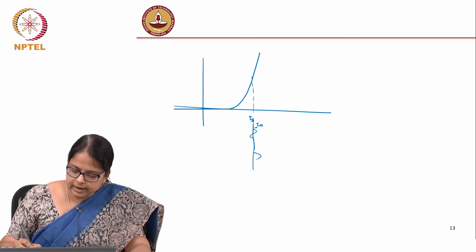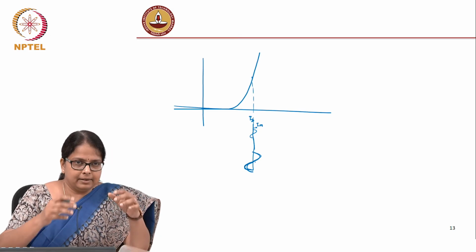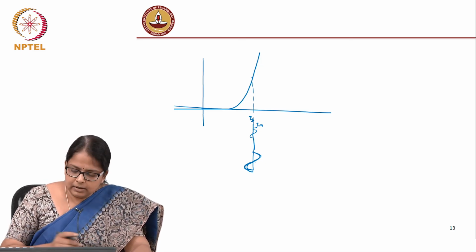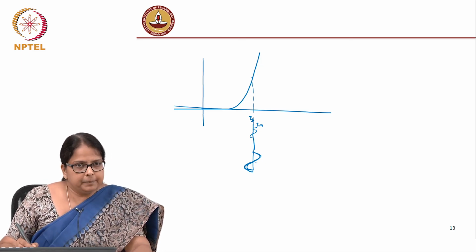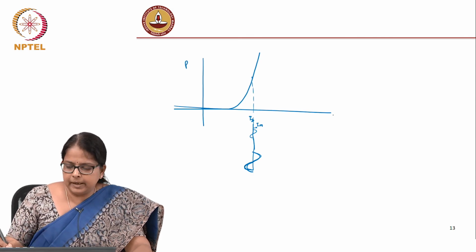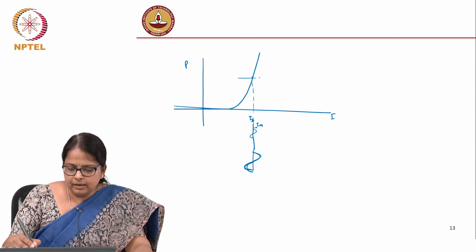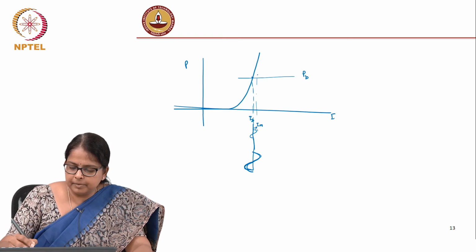Let me draw another case where the IM to IB ratio is large. Here I am modulating, the modulation depth is larger, right. Now, this is in the current domain. Now, when it goes into the optical domain, IB corresponds to a certain PB, IM would correspond to a certain PM. So, I have my optical power going between these two values.